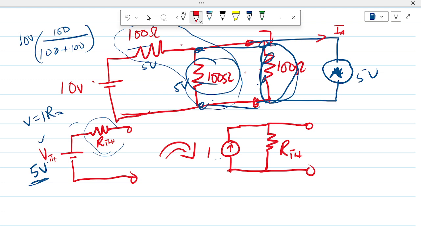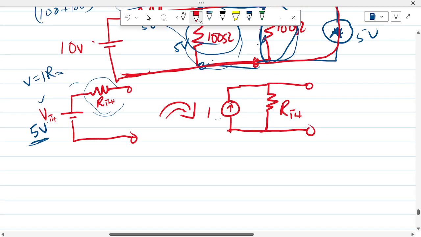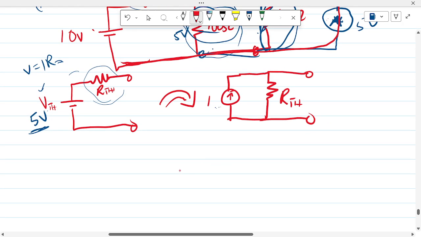So the current our ammeter is going to read, we did that, and we saw the ammeter, very important. The ammeter is going to short circuit this guy. So that's the only tricky part. If you understand the operation of an ammeter, the ammeter short circuits this guy. You can watch the previous video if you don't really get what I mean by short circuit that guy.